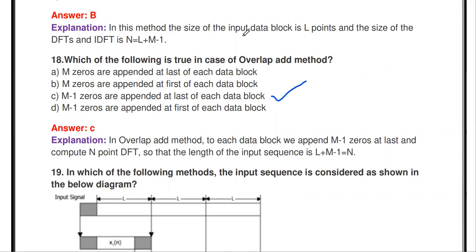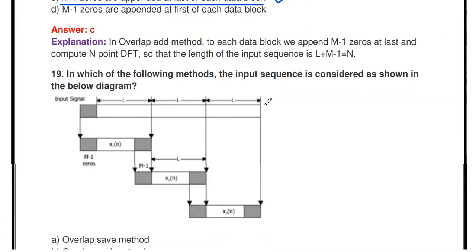In the overlap save method, the M minus 1 data of the previous block is captured and put here. In the overlap add method, the last M minus 1 zeros are appended at the end of each data block. Just remember it.